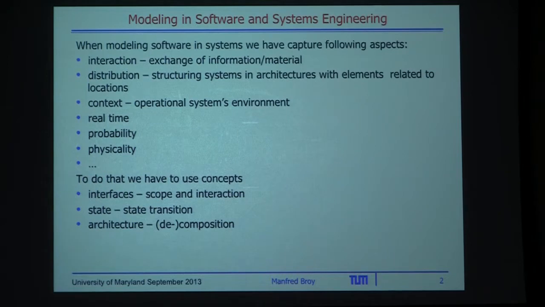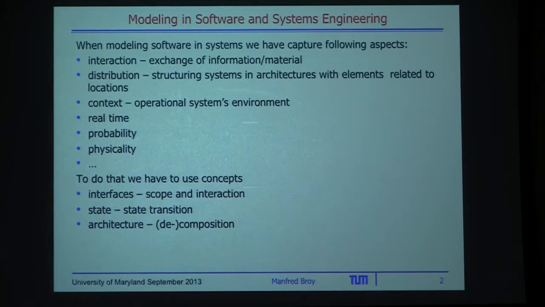And when we look at those systems and software in systems, we have to talk about a number of aspects. We have interaction, we have distribution, we have to consider the context, the system's operational environment. We have to talk about physical issues like real time. An interesting question there is probability.